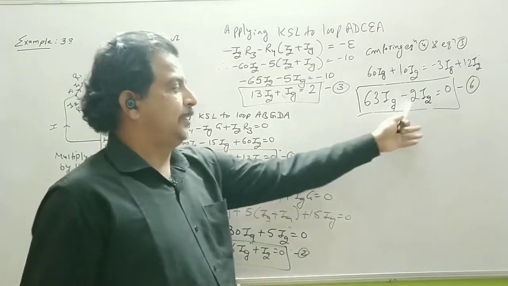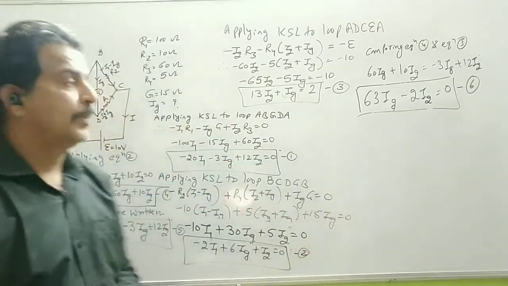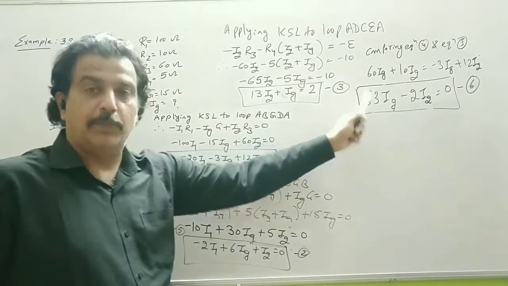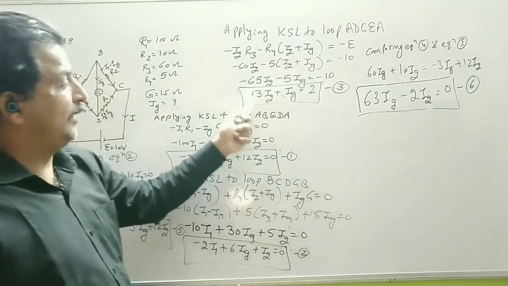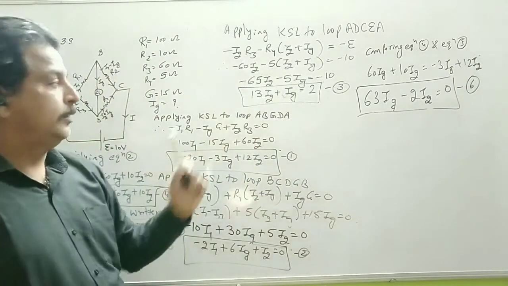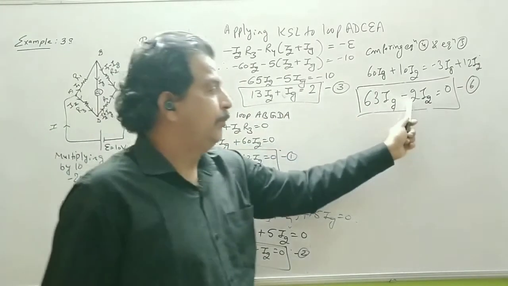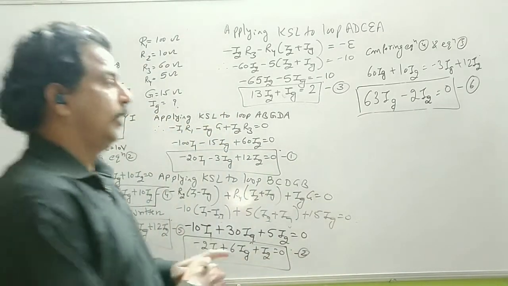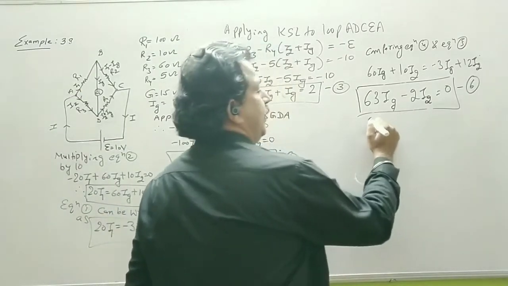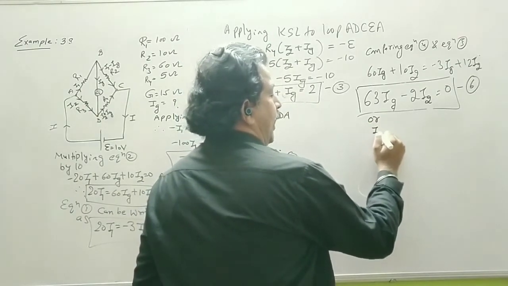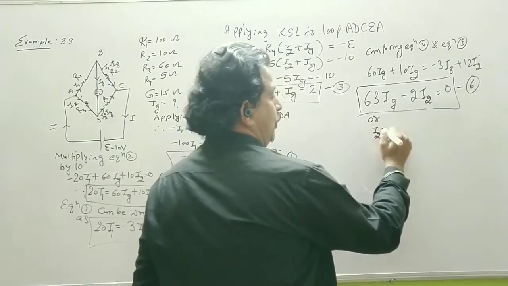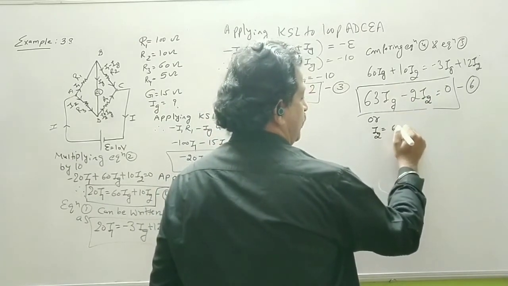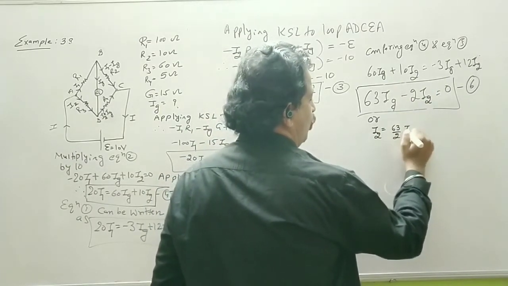You multiply this equation by 13 and this one by 2, then 26 I2 minus 26 I2 will cancel when added. Or this equation can be written as I2 is equal to 63 divided by 2 IG.